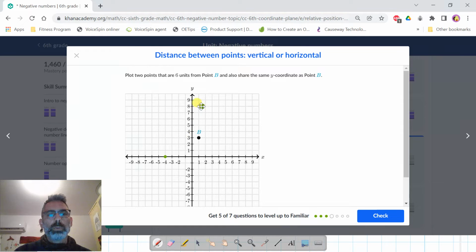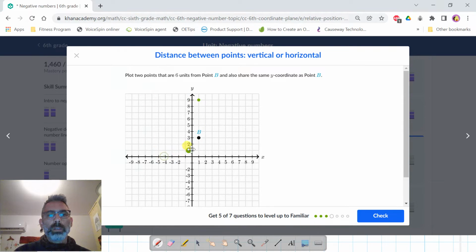So I can put one here. This first point that I plotted is on the x at 1, and on the y at 8. No, it has to be on 9 because point B has y of 3, so (1, 9).